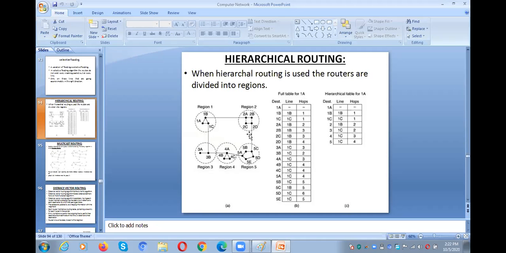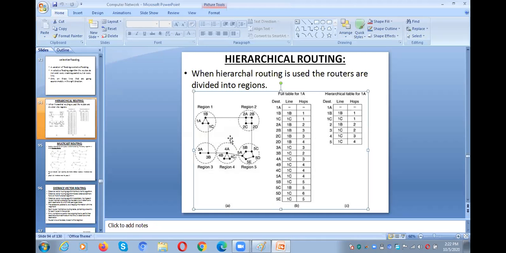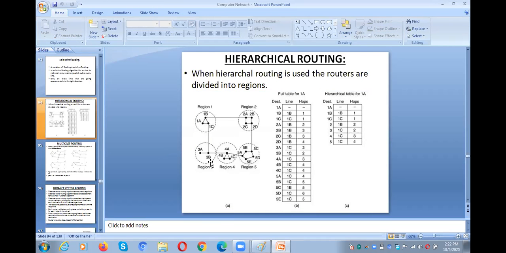Like that, each and every node maintains a routing table. Every router, 1A, 1B, 1C, has to maintain one routing table. How many entries are there in each routing table? 17, because in this example we have a total of 17 routers. What does it contain? 1A to 1A, hyphen. 1A to 1B: what is the path? Direct, there is a direct connection.